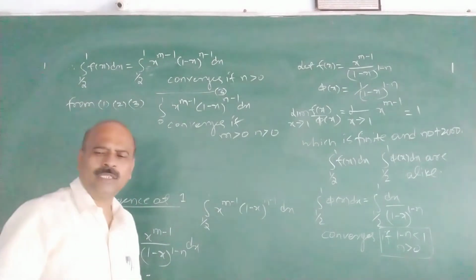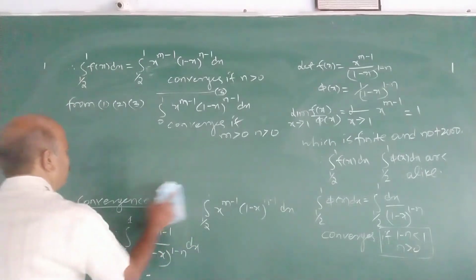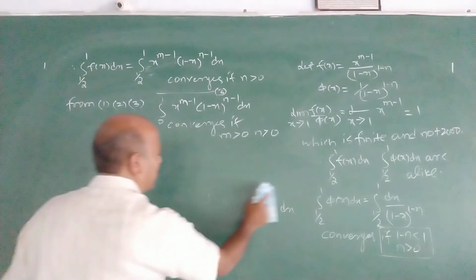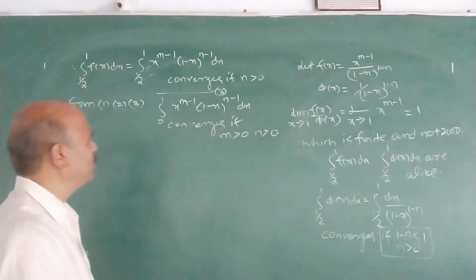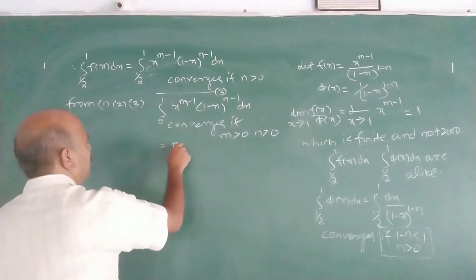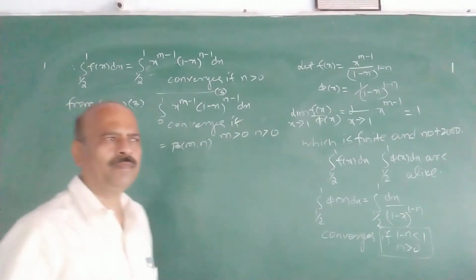So, this is the first improper integral, that is, one of the two standard improper integrals, the beta and gamma functions. This is the beta function, denoted by beta(m, n).